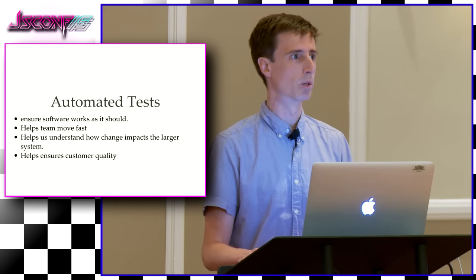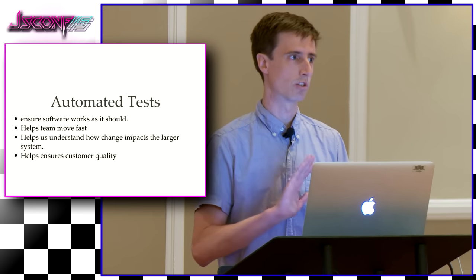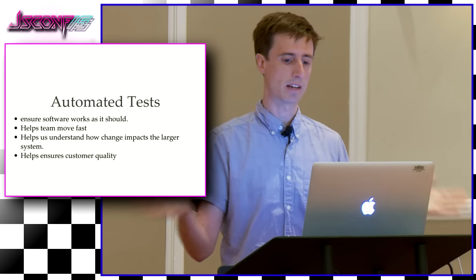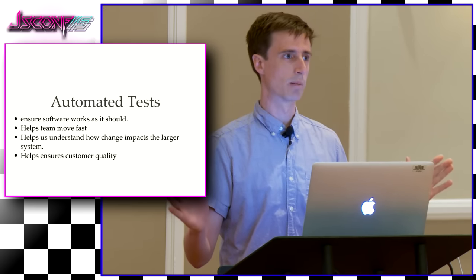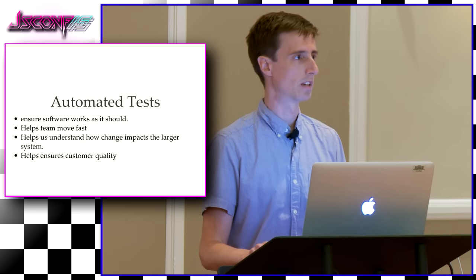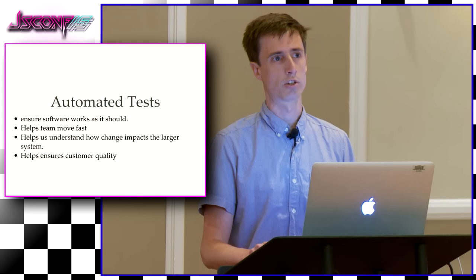This helps my team move fast. It helps us understand how changing business requirements or a changing user experience impacts a larger system. This insurance policy is in place with the goal of guaranteeing customer quality and serving as a kind of digital audit trail.